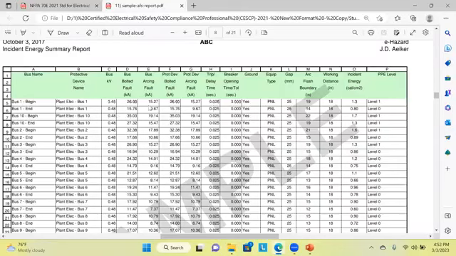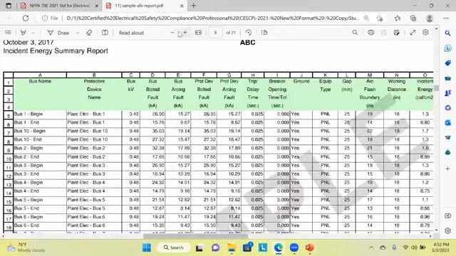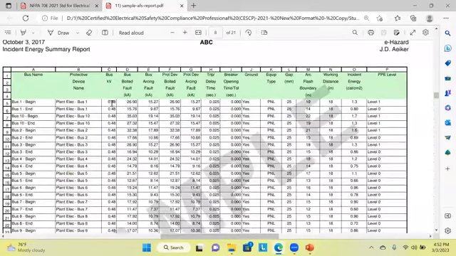So at 480 volts with a fault current of 26.9 and a device clearance time of 0.25, the incident energy at the working distance of 18 inches is 1.3 cals per centimeter square. Okay, and the arc flash boundary they have proposed is 19 inches.